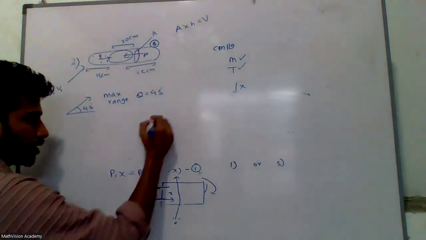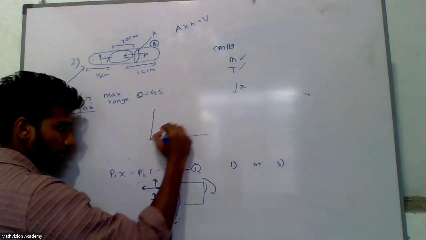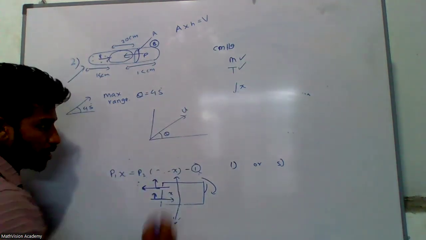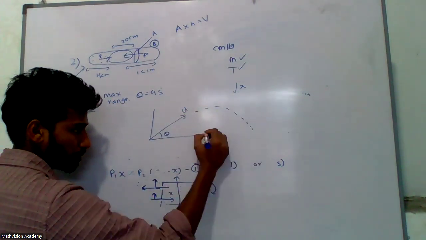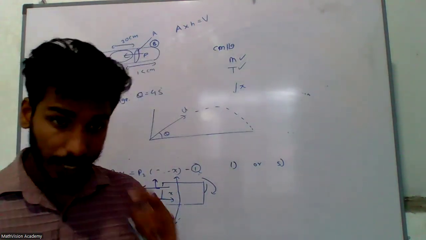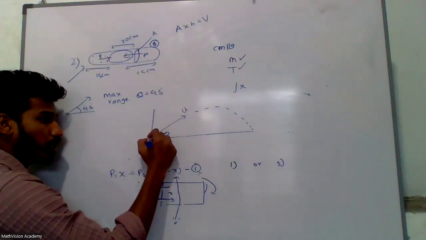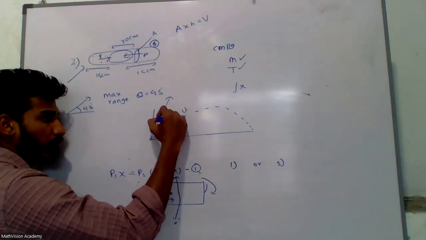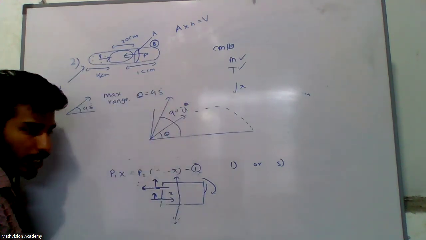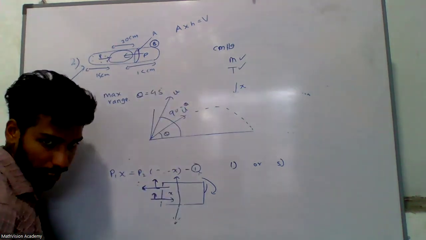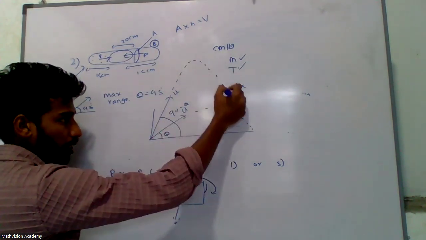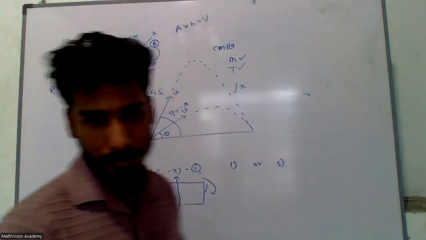For now, just remember, let's say with a velocity, I projected an object. The angle is theta. So this is going to reach a certain range. Now let's say I project this object with an angle of 90 minus theta with the same velocity. I'll have different heights but I'll have the same range.